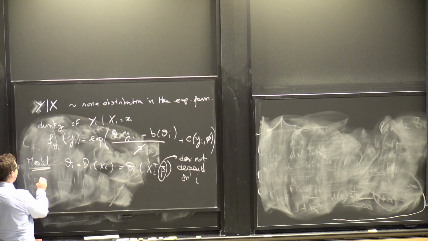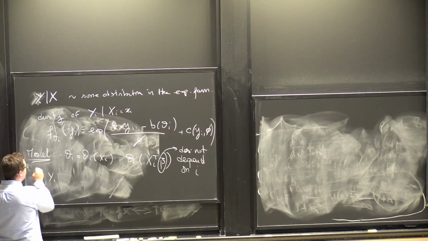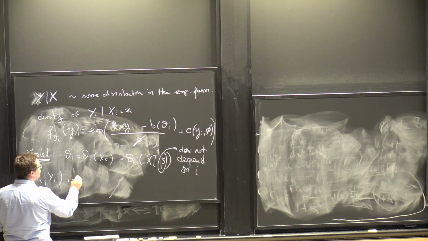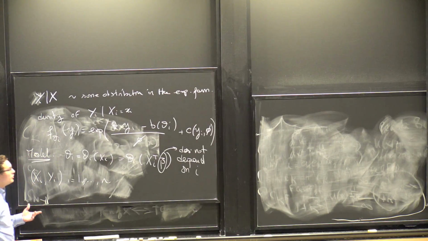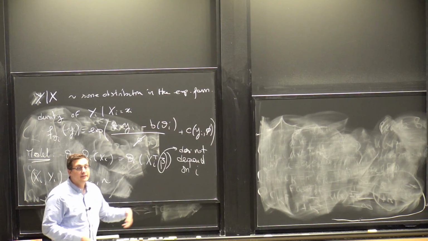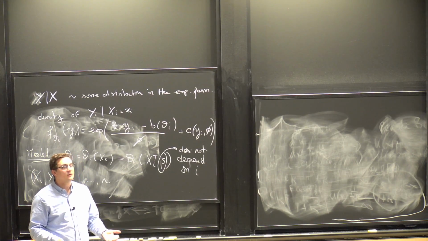So if I observe pairs xi, yi, let's say I observe n of them, i equals 1 to n, the hope is that as I accumulate more and more pairs of this form, where there's always the same parameter that links xi to yi, that's this parameter beta, then I should have a better and better estimation of this beta, because it's always the same, and that's essentially what couples all of our distributions.